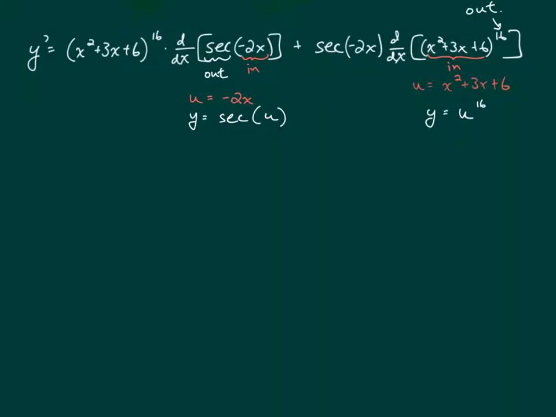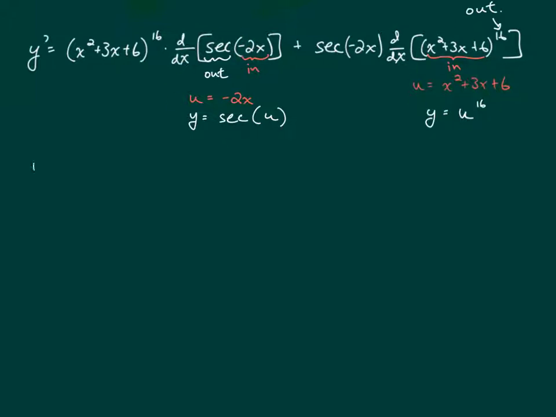So from the previous slide, we have all of this information, the last line and the u's and the y's for each chain rule derivative here. So what we have to do now is actually go through and take these derivatives using the chain rule.